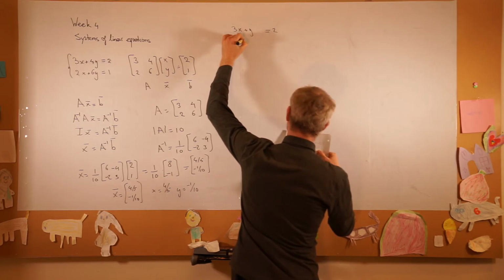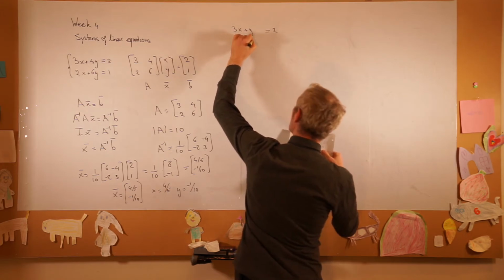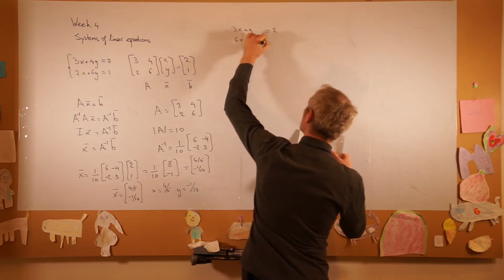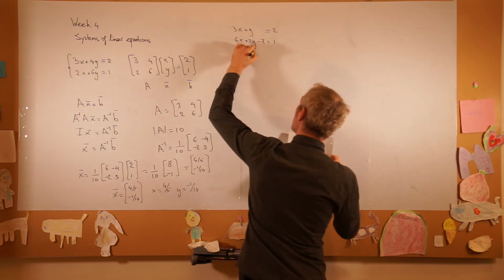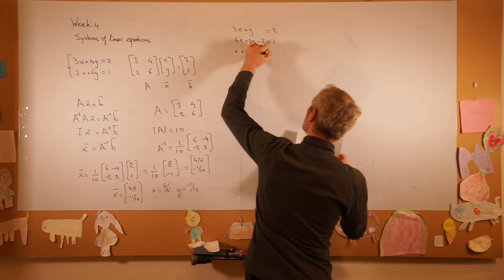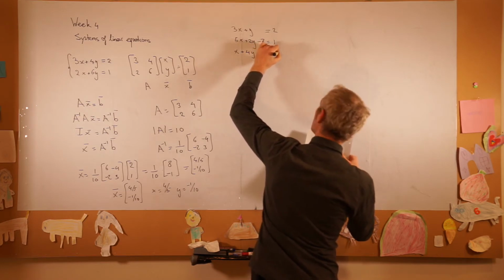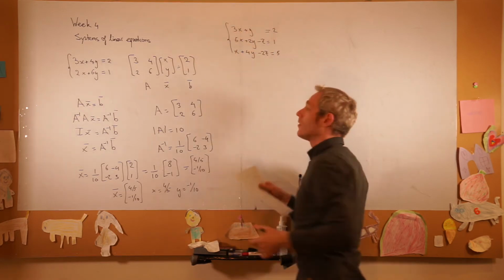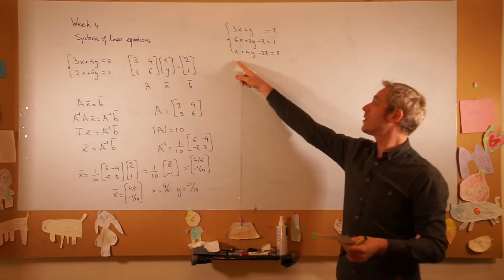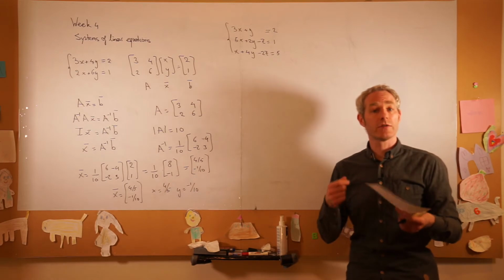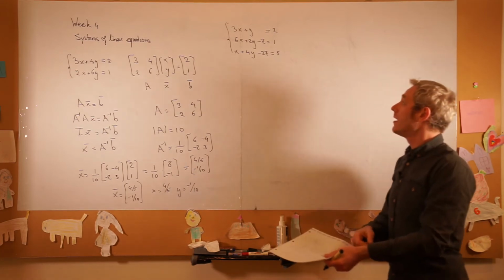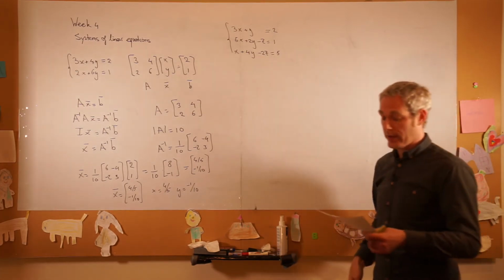5x plus 2y minus z is equal to 1, x plus 4y minus 2z is equal to 5. So this is our system of three equations with three variables x, y, and z, and we're looking for combinations of x, y, and z that satisfy all three equations.